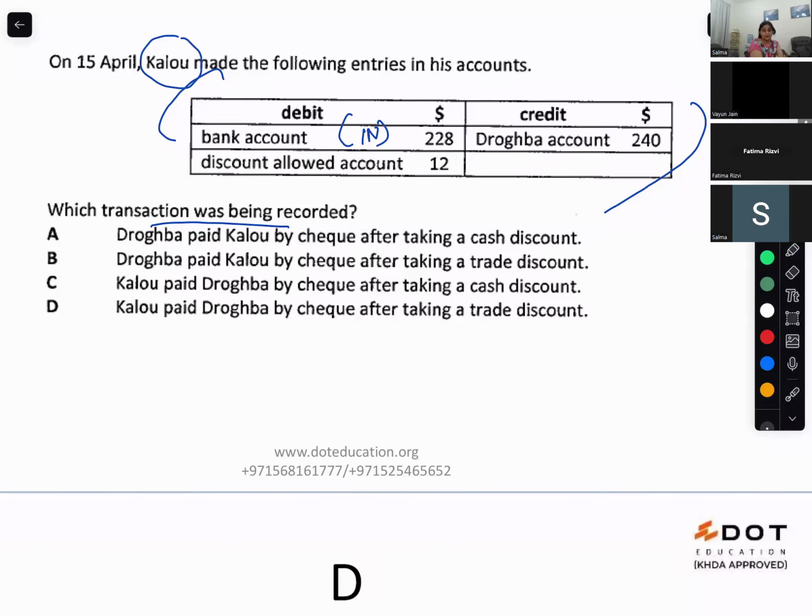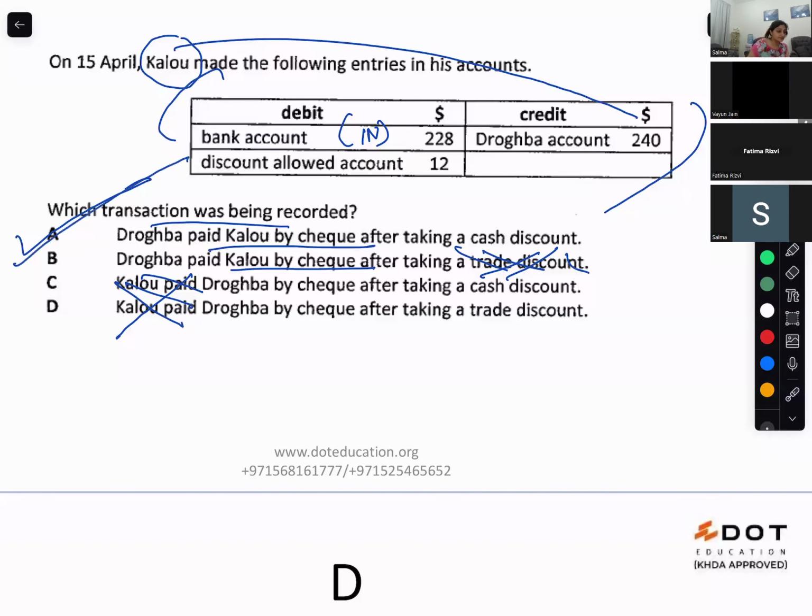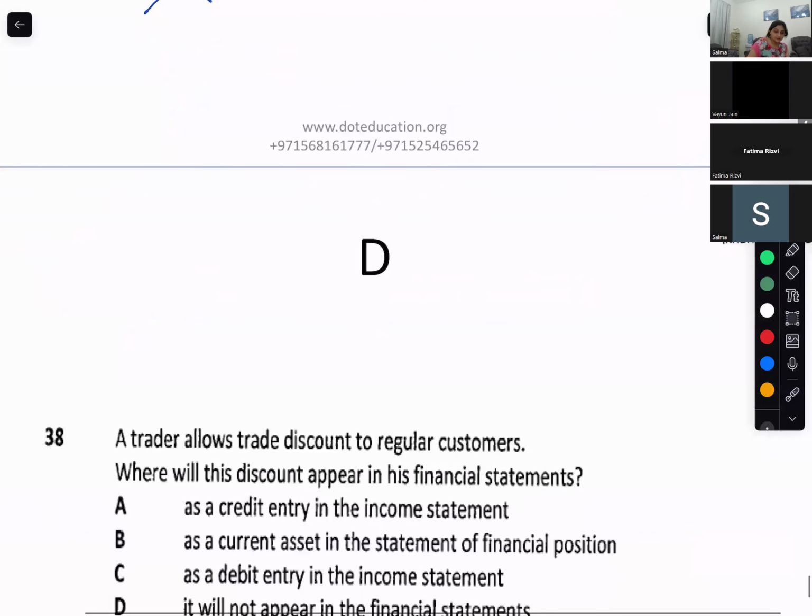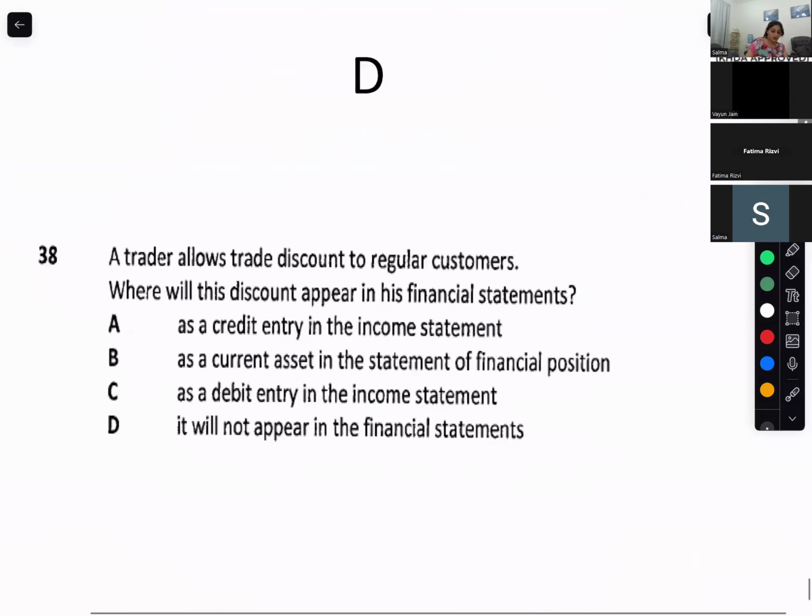That means Kalu received money from Durga. So Durga paid. Kalu paid is not possible, right? So who paid? Durga paid by cheque after taking the cash discount, because trade discount is never recorded in the book. So it's A. Come on, the last one.